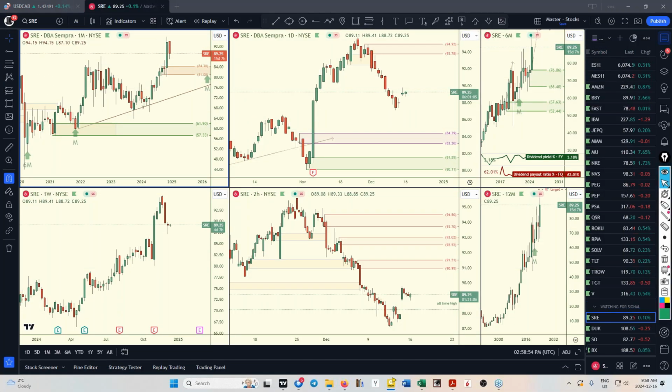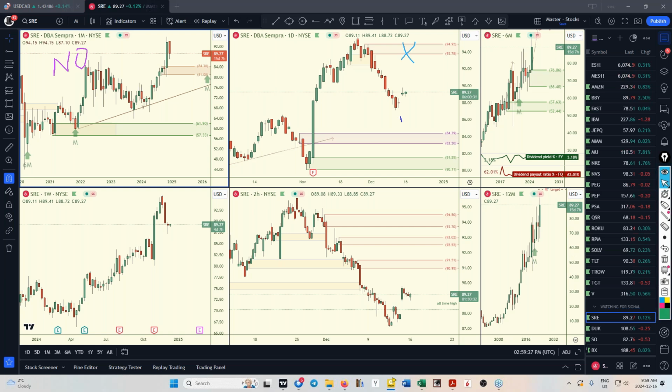Did you get the question? Question was, if price dropped down to the monthly demand key zone this month, what could we watch for a long signal? Or is there something that we could watch for a long signal? What would that be?